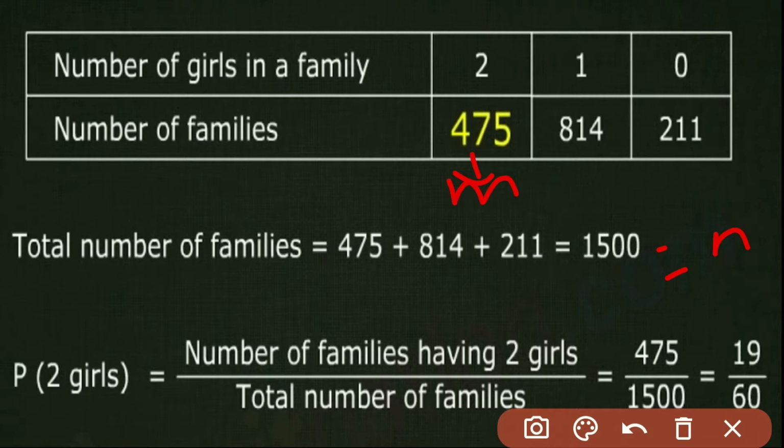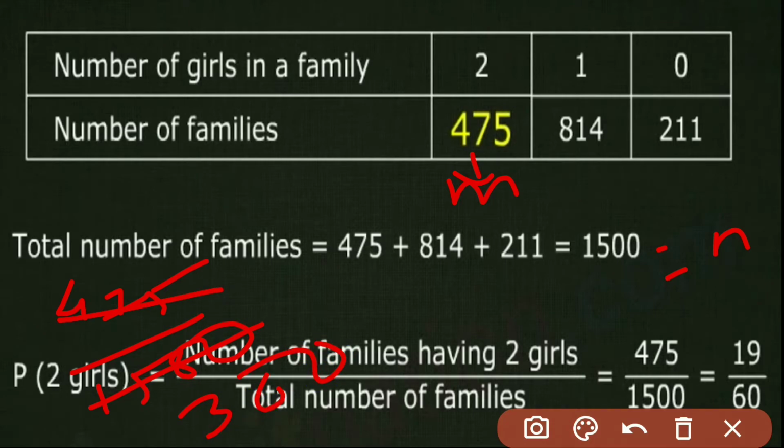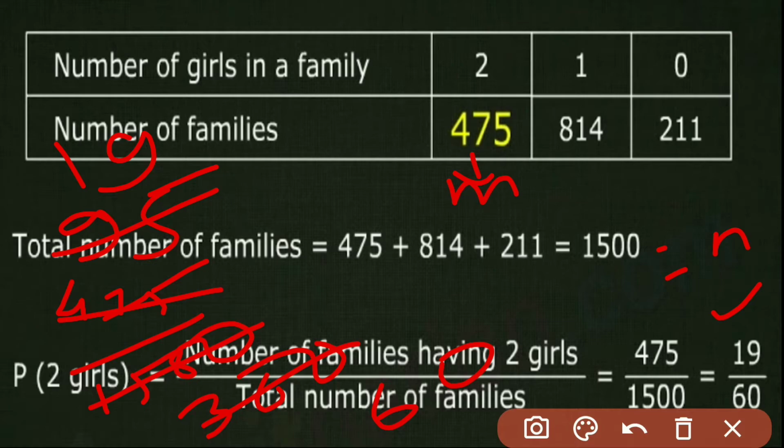Here is how it was calculated: 475 by 1500, we cancel with 5; 5 threes are 15, 5 nines are 45, 5 sixes are 30, and 5 ones are 5. So we come across the result 19 upon 60.